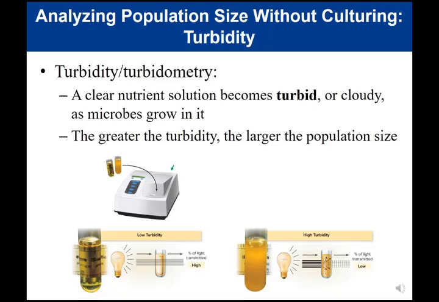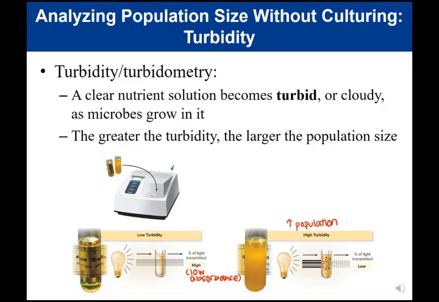So this is a high transmittance or low absorbance; there are two ways that can be represented. If we have high turbidity, that means an increase in population, meaning we have more bacteria.